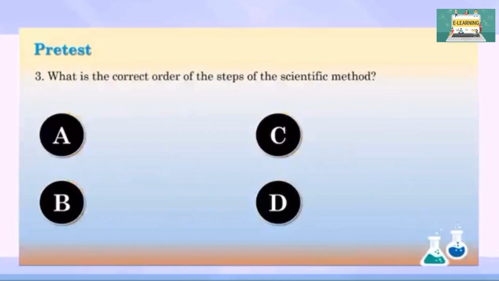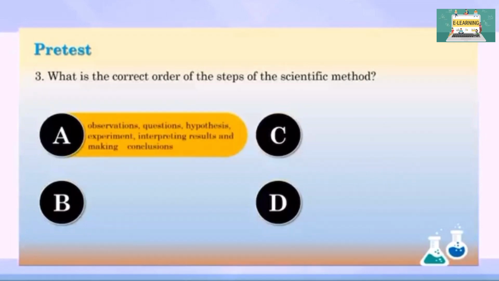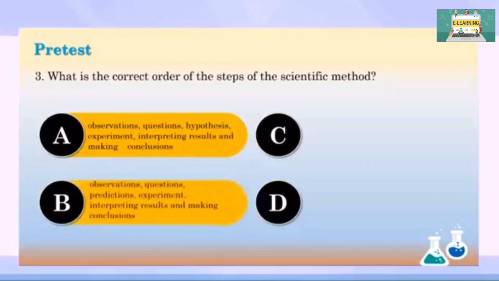Number 3, what is the correct order of the steps of the scientific method? A. Observations, questions, hypotheses, experiments, interpreting results, and making conclusions. B. Observations, questions, predictions, experiment, interpreting results, and making conclusions.